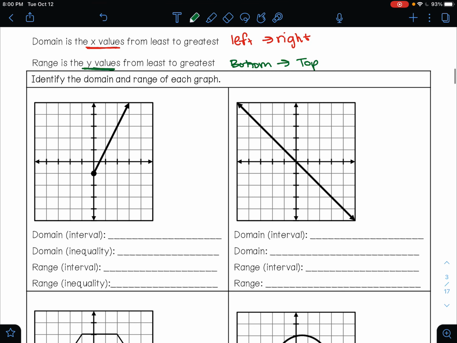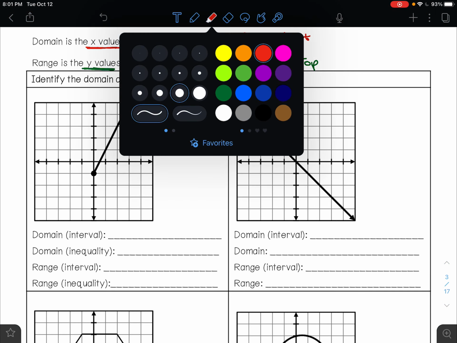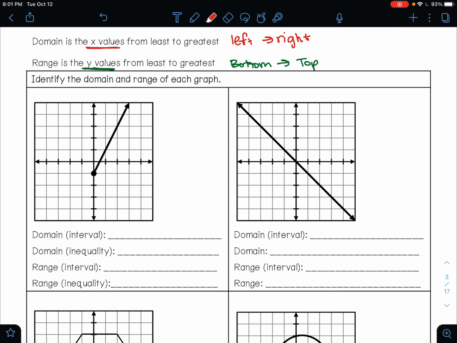So let's try these. On this first example, I have the graph of this line, and we want to write the domain. Your domain are your x values from left to right. The furthest point to the left is this point right here. I can't go any further left than this point. There is nothing else over here for this line.